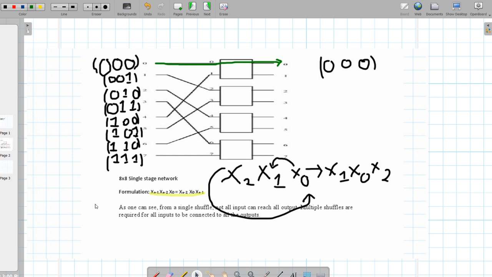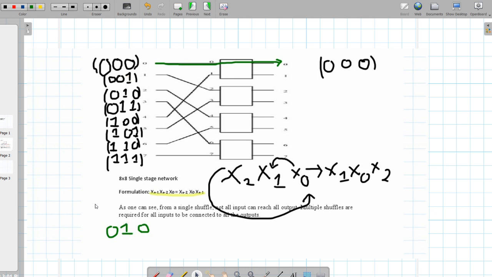If you shift every bit by one position towards left, you will get 0, 1, 0. You can see that the rightmost bit, that is 1, has been shifted one position towards left.